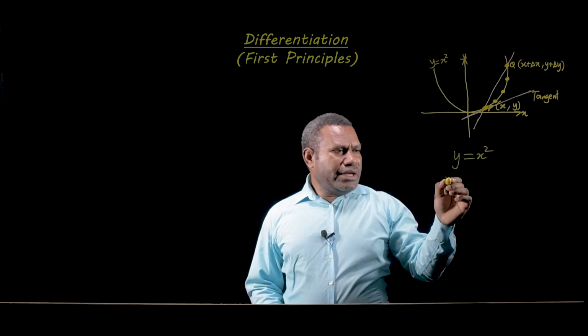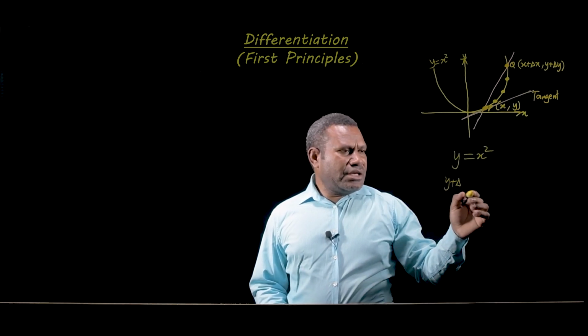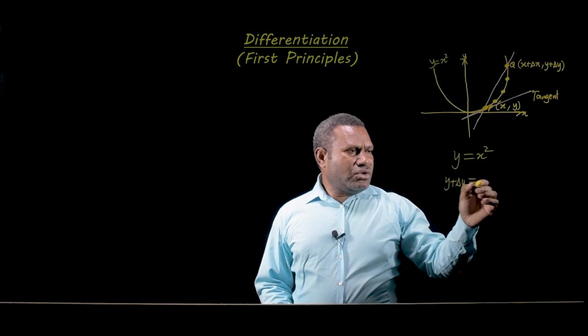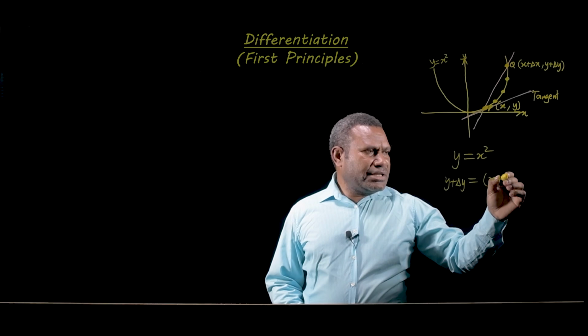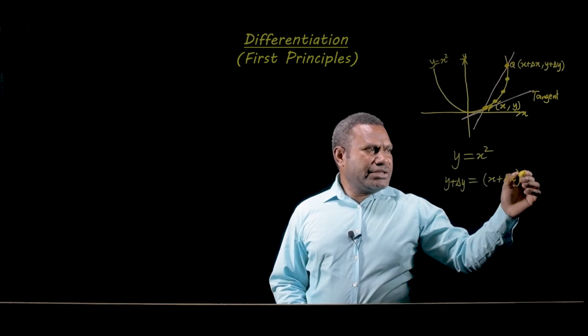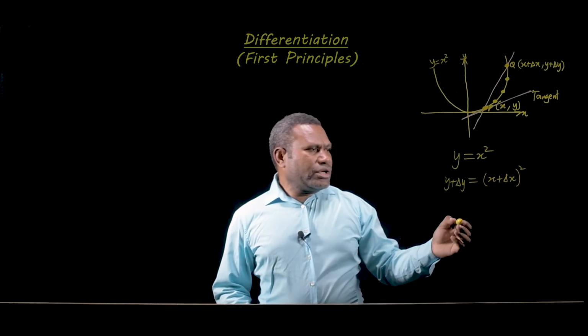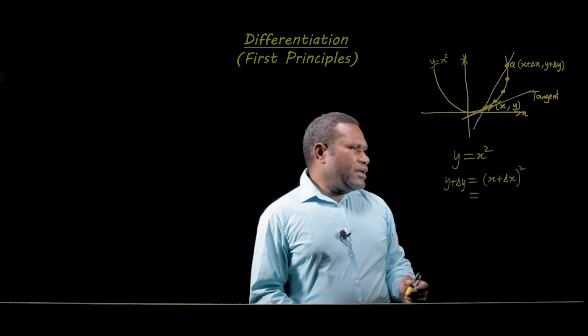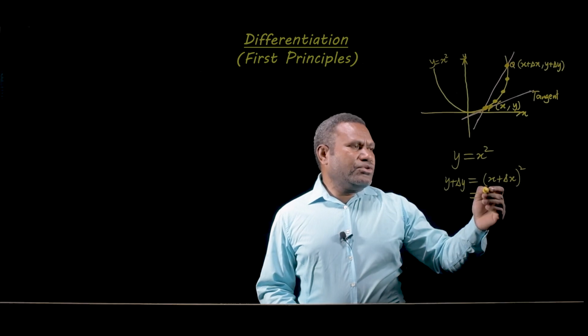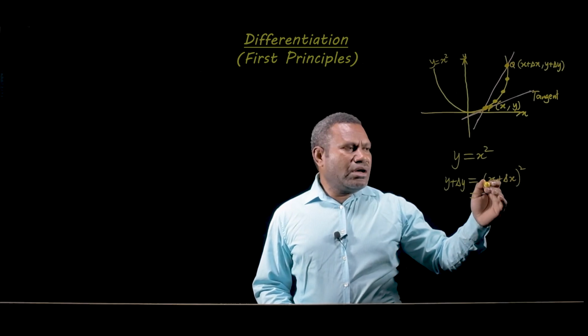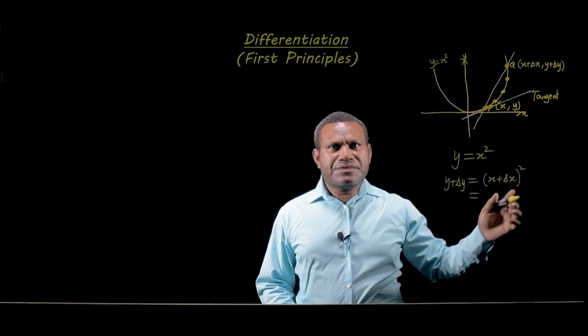So y is replaced with y plus delta y, and x is replaced with x plus delta x, but don't forget your 2 there. Now the right side is an algebraic expression known as a binomial expansion, and you know how to expand this.